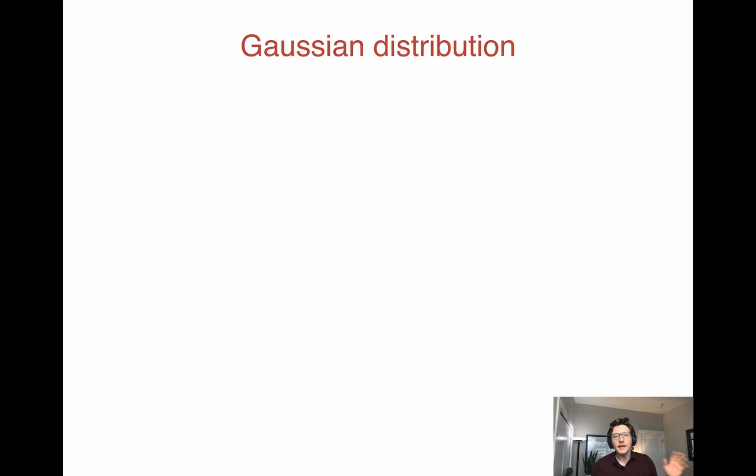Okay, now let's do that same thing for a Gaussian distribution. For now, let's start with a Gaussian distribution of mean 0 and standard deviation 1. The main property of this distribution is that the probability gets more and more unlikely proportional to the distance from 0 squared.